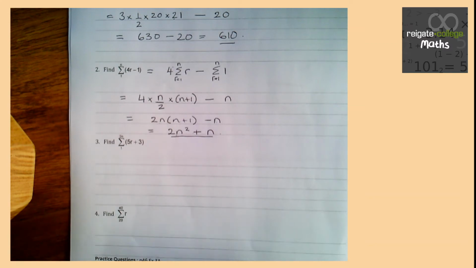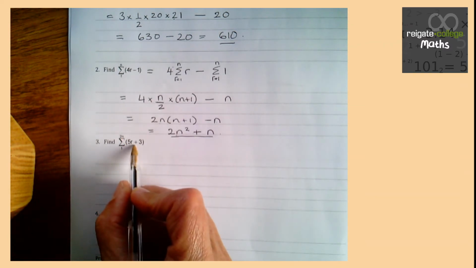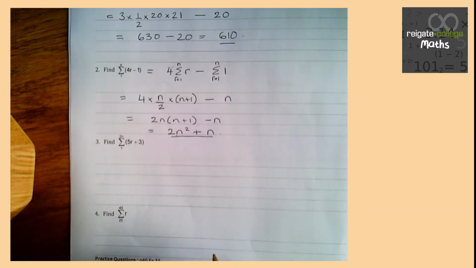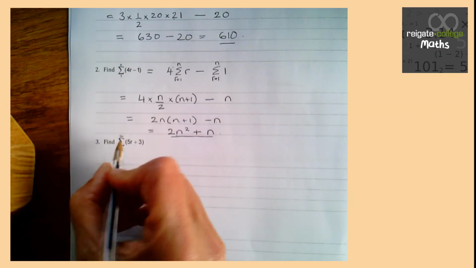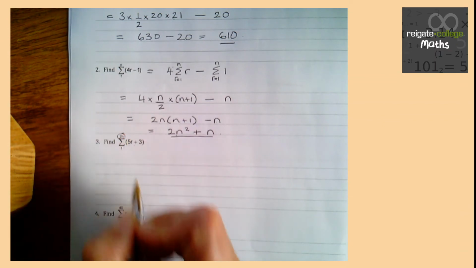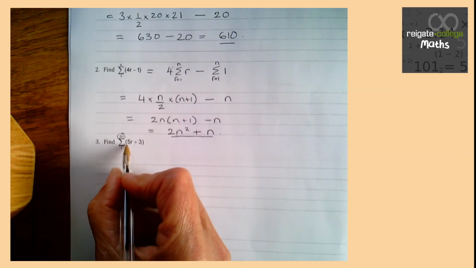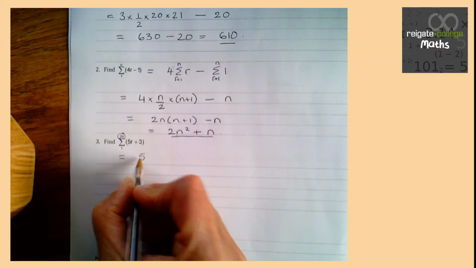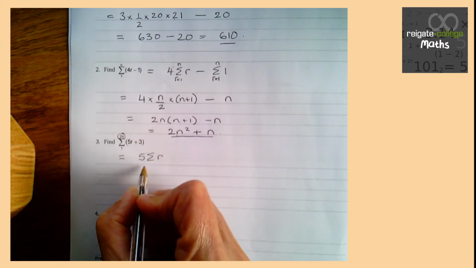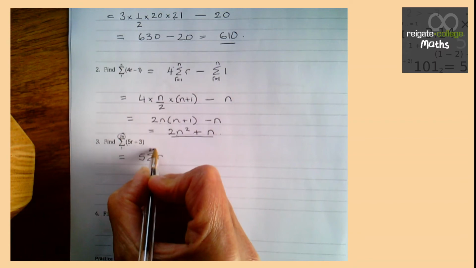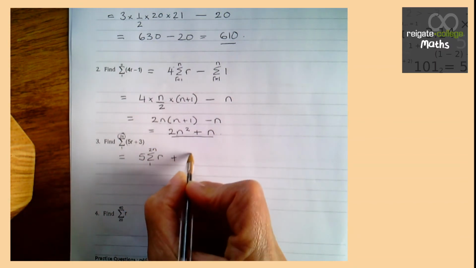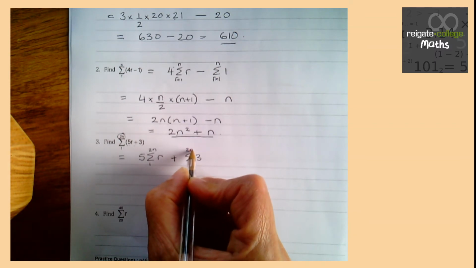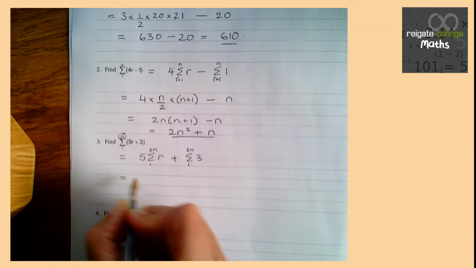Last 2 examples. We've got the sum of 5r plus 3. This time we're summing up to 2n. So this time we need to take the value for n as being 2n. This is the sum of 5 times r from 1 to 2n, plus the sum of 3 from 1 to 2n. We just use the formula that we've already used.